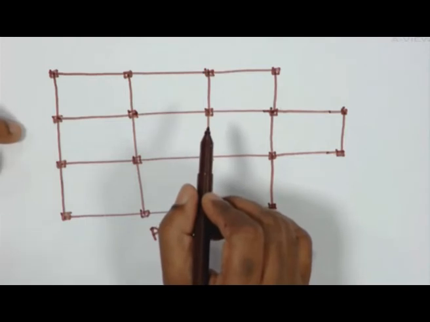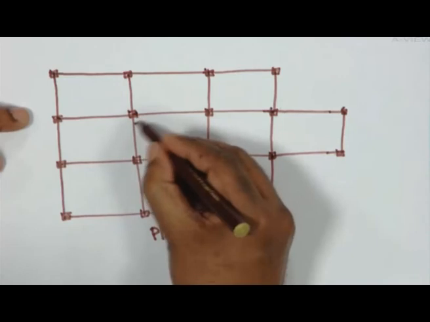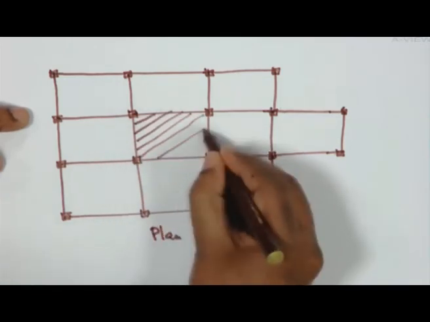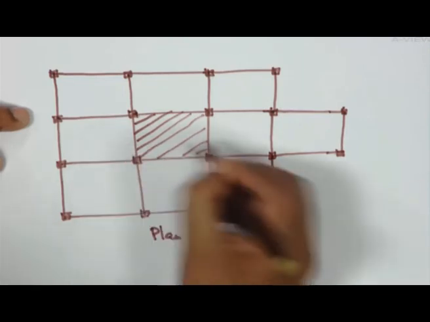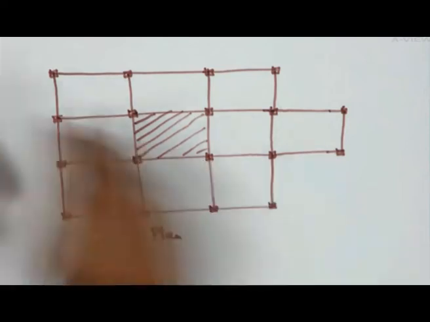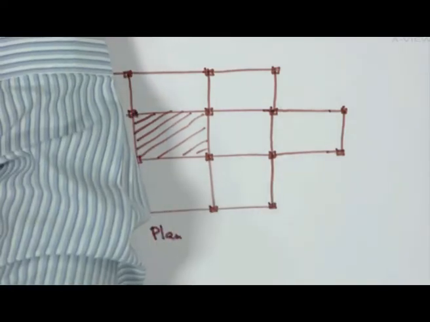It depends on how the sides are connected. First one, we are having an interior panel, where all sides are continuous, this side, this side, this side, this side, all of them are continuous, and as per table 26 I have to follow these coefficients.